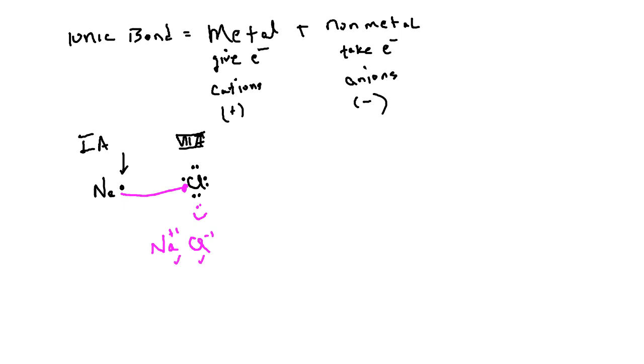And we said when we name these things, we take the name of the cation, which is sodium in this case. So name of the cation, add it to the root of the anion, and here it would be chlor.